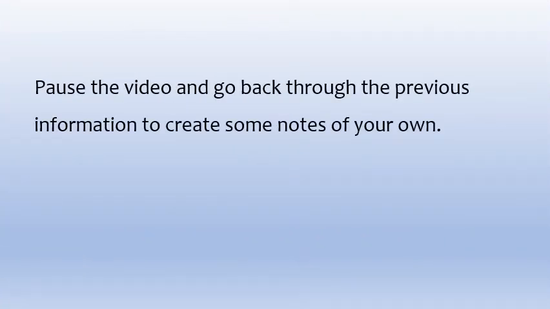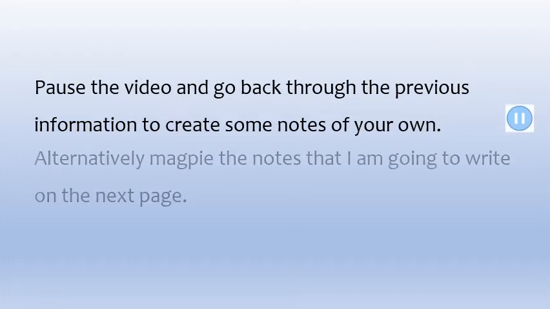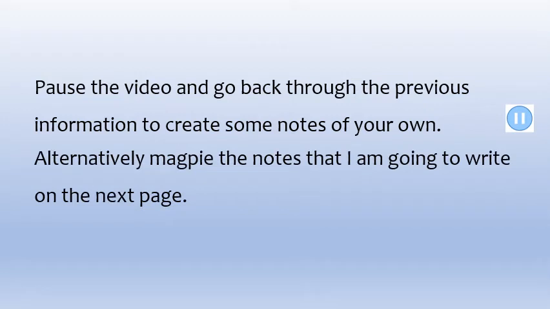Pause the video and go back through the previous information to create some notes of your own. Alternatively, magpie the notes that I am going to write on the next page.